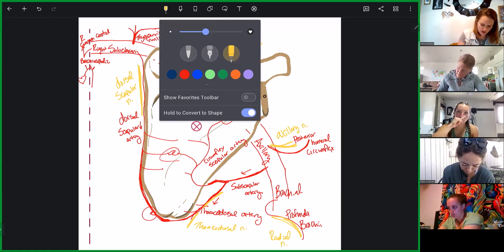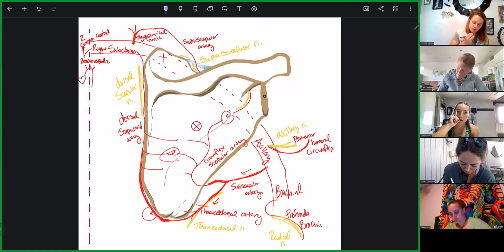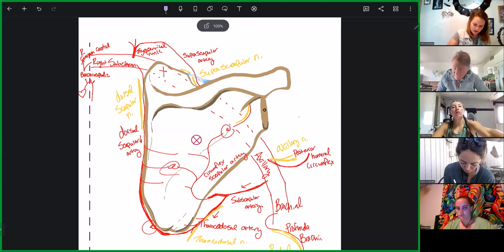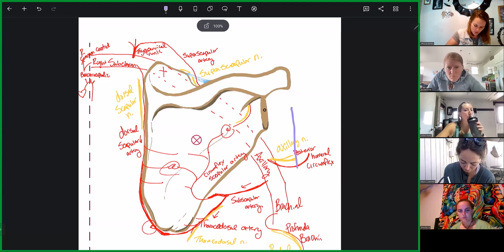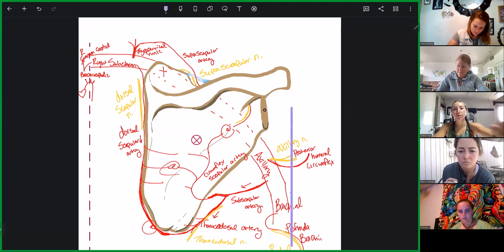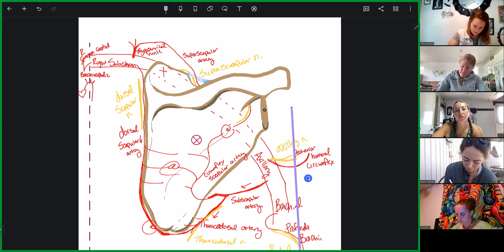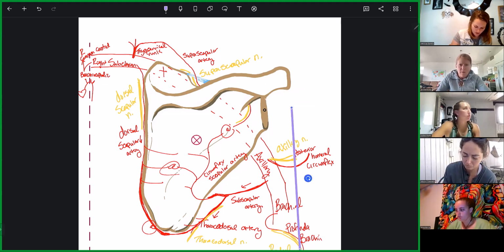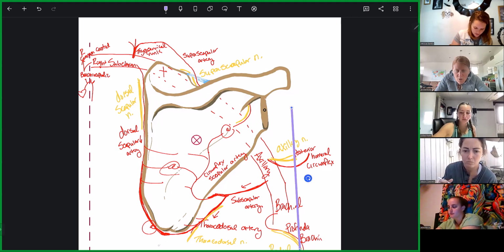So I'm going to take a purple. I think that looks different enough. And we do have our humerus that would be more straight up and down. We have our teres major, and let's do our long head of triceps.